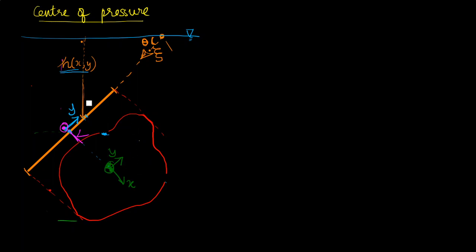And from our preliminary discussion, we know that it will act somewhere below the centroid. Okay, the intuition says it should be somewhere below the centroid. So let us find that location out.